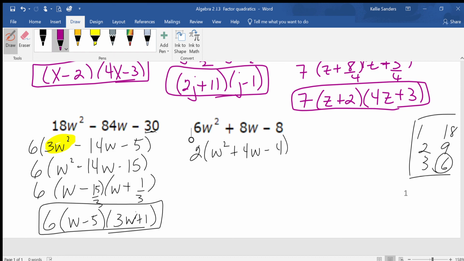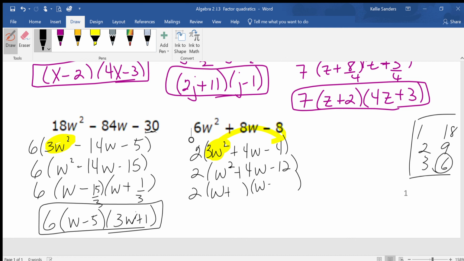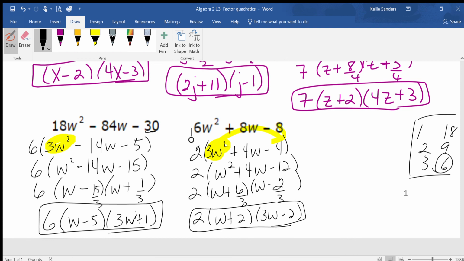Ah, needs to be a 3, doesn't it? You almost caught me. So the 3 needs to go with the 4. 6 and 2. And then put the 3 back in. If you forget anything, it's to put that number back in. Alright, that's it.